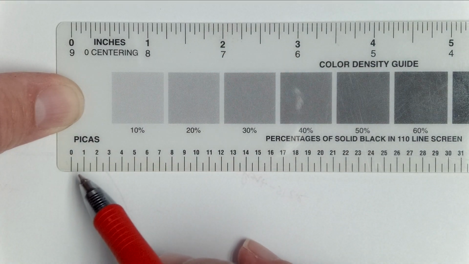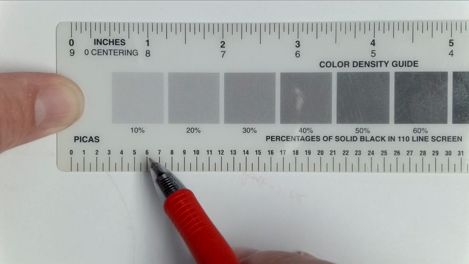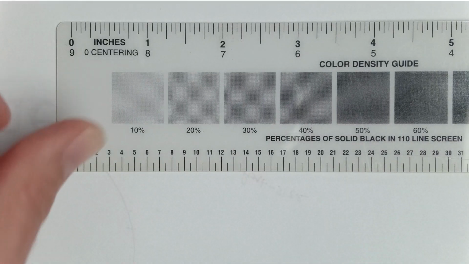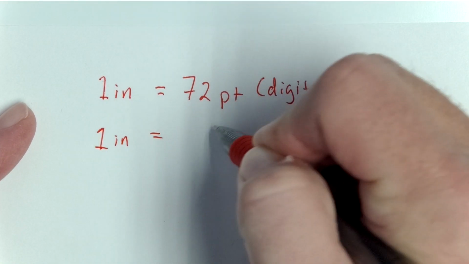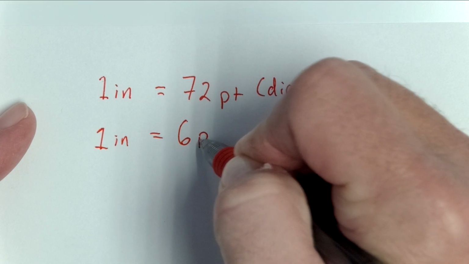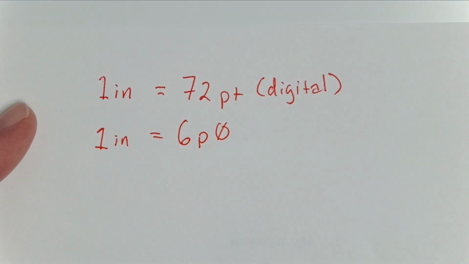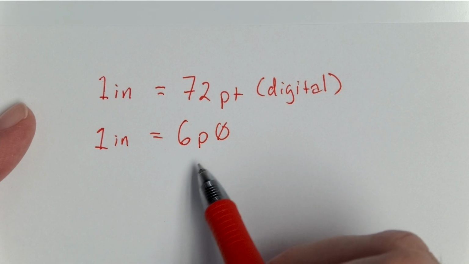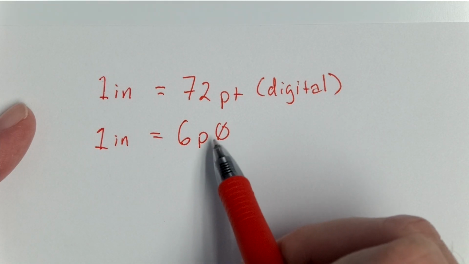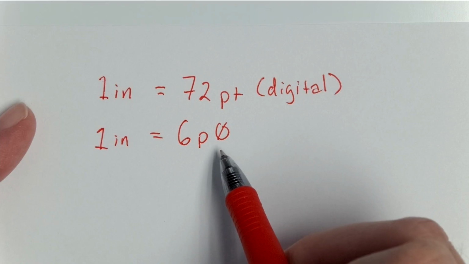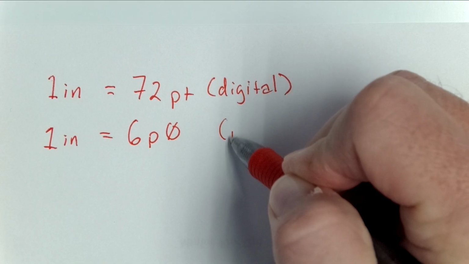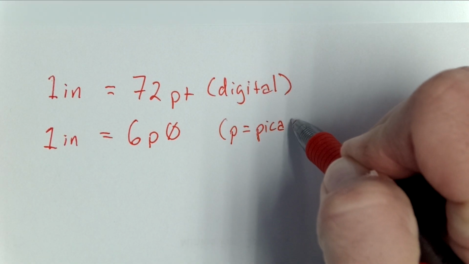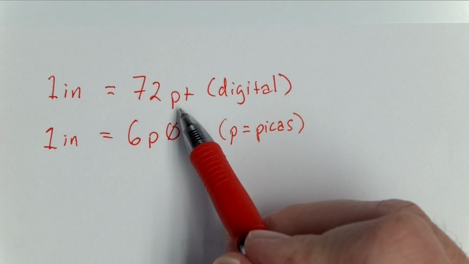Do you notice how much larger the pica scale is compared to the point scale? So 1 inch is equal to 6 picas, and notice how I'm going to write this: 6P0. I'll explain the 0 in a minute. P is picas. These are points, these are picas.